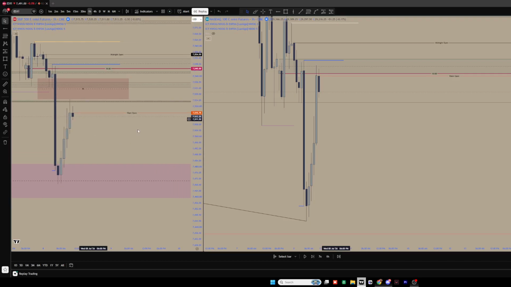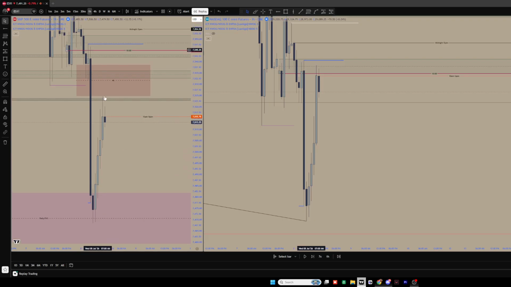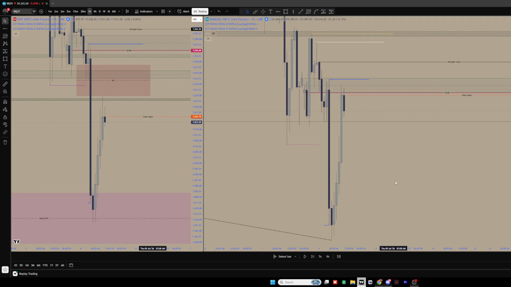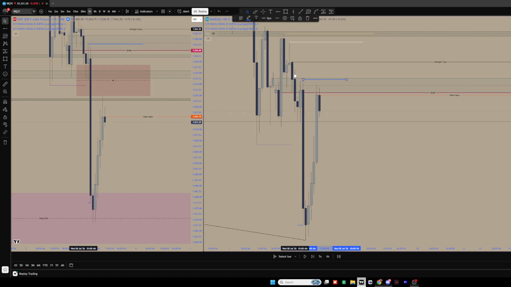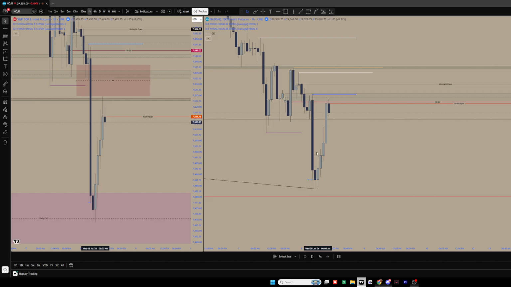And on ES, it doesn't get inversed, which is not great. But I was still pretty confident in longs because we were this close to London High. And I didn't really have much of a reason to look for downside after this. Like we did have this 1 hour gap here, which I marked.